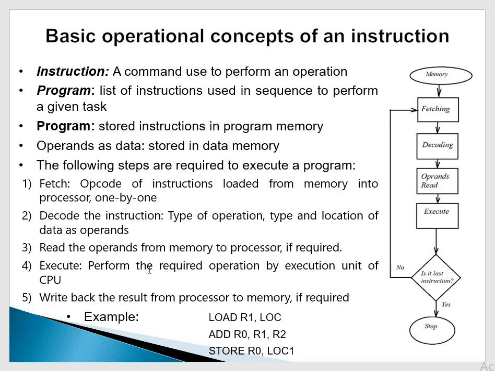Once the operation is performed as per the need of the instruction, if there is a need to store the result to the memory or in any register, that result will be stored there as well. So this is the basic operational concept of how an instruction is executed by a processor.